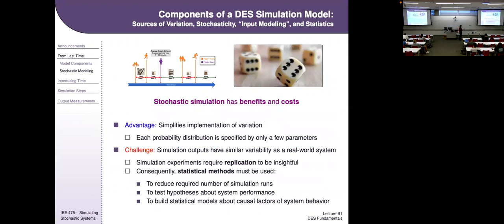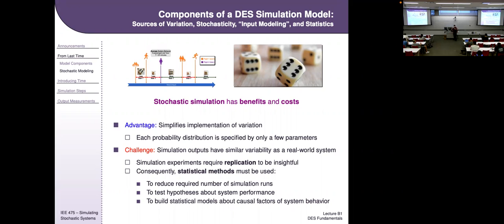Simplifies. The challenge here is that our outputs, our sims, whenever we hit run, are going to give us a different answer. So now we're going to run experiments in the computer that are just as variable as experiments in the real world.